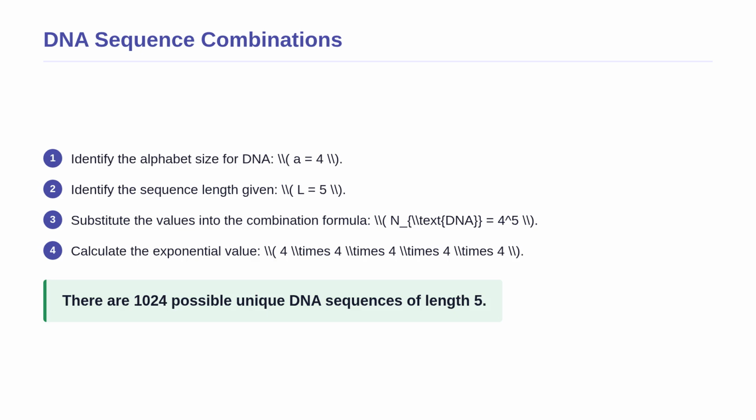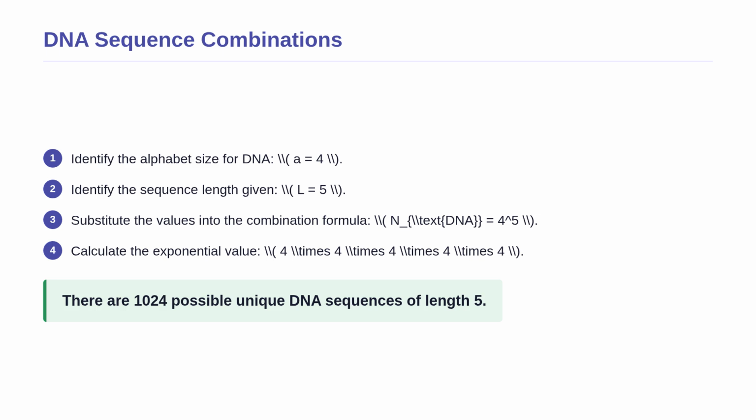Let us apply this formula to a concrete example to see how it works in practice. Suppose you are studying a very short DNA sequence that is exactly 5 units long, and you want to know how many unique variations could exist. We are given the length L = 5. Because it is DNA, we know the alphabet size, a, equals 4.